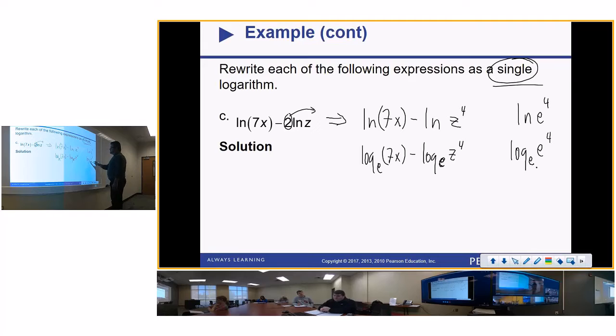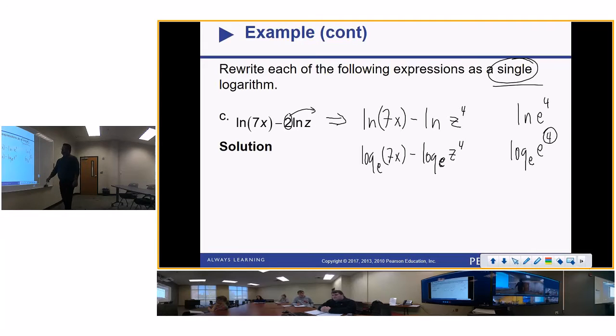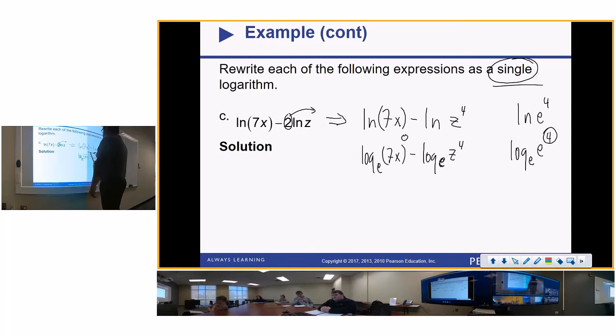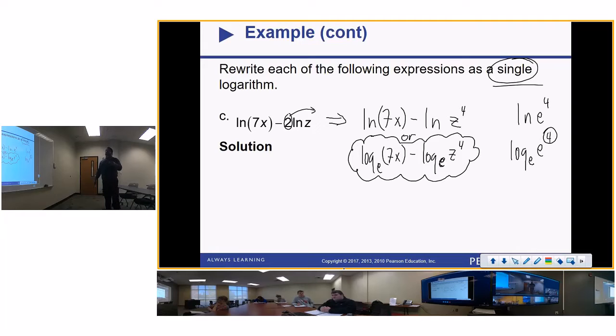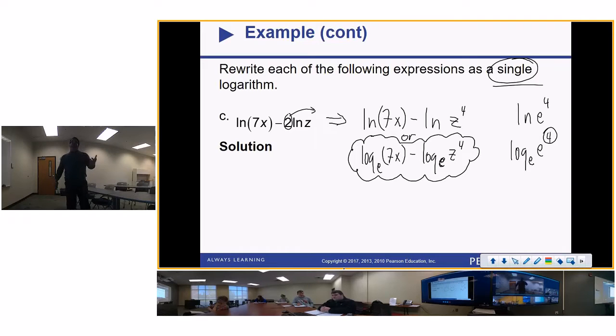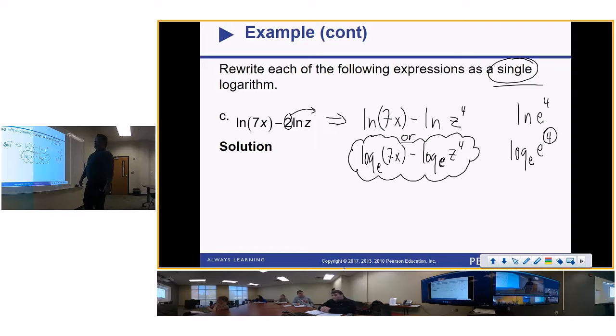The e's basically cancel out, and the answer is 4. This is something that I use, and I tell my students to use. If you've got natural log of something, sometimes it might behoove you to change it to log base e, especially if you're taking the natural log of e to some power. You don't have to do this, but that's just something for your information.